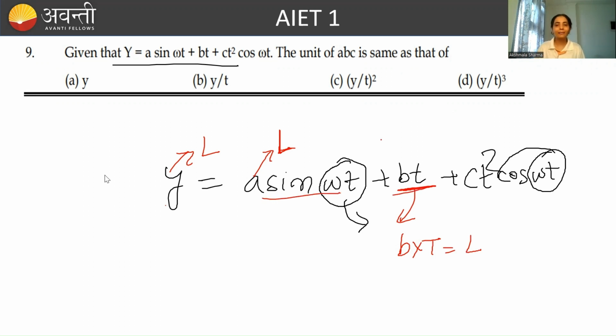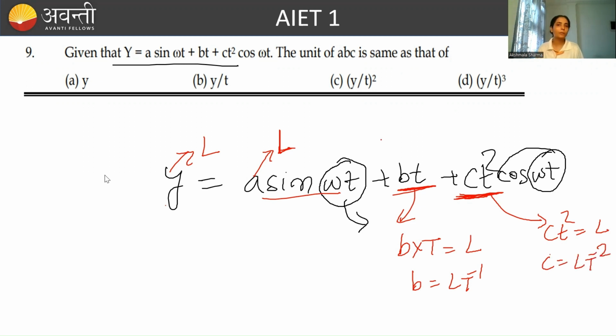Done. Again, B will have dimension of how much? LT minus 1. Similarly, this should have dimension of L. Again, right here, ct square should have dimension of L. And C will have dimension of how much? LT minus 2. Because dimension of sin omega t is nothing, dimension of cos omega t is nothing. Done. Now we have to tell that the unit of ABC is same as that of.